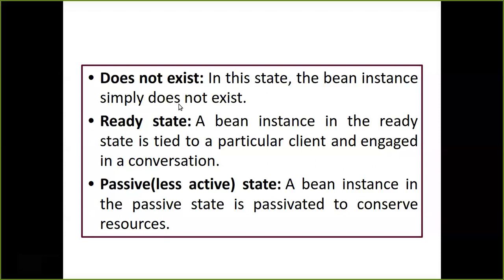If it is not using the resources, we can also say it is less active. It is called by the client before the method gets invoked. If we don't invoke the method, nothing is happening. Once the method gets invoked, the actual activity and calculation start in your program. Until your methods get called by the client, it stays in the passive state.